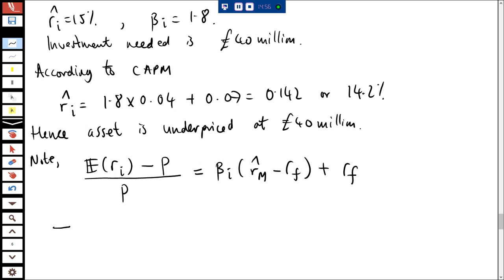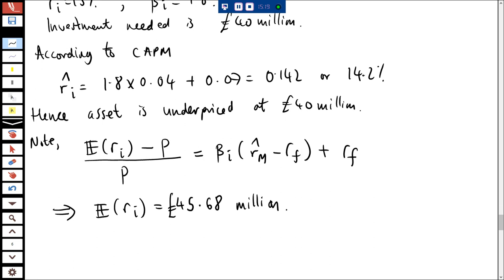So some simple rearrangements: how much should we have in our hand after using the model. After some number crunching, you can see that the expected return on the 40 million investment is 45.68.